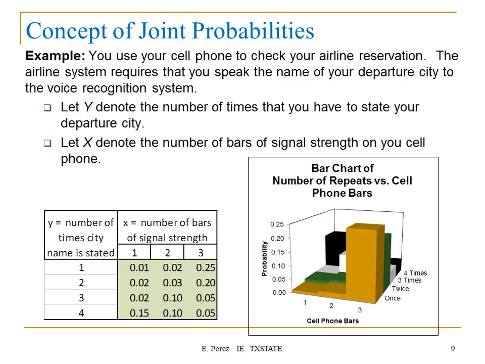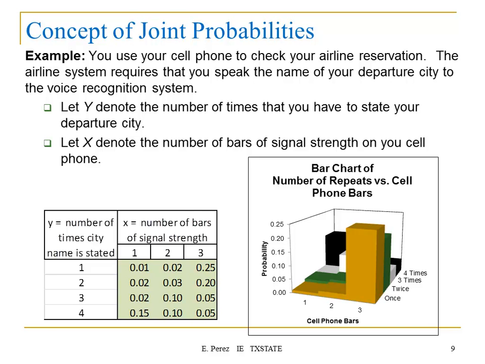So basically what this table and the graph are also saying, we have the number of times the city name is stated, so 1 to 4, and the number of bars that you have on your cell phone, from 1 to 3. So if you read this table, let's say you have a signal strength of 3 bars, then you have a higher probability of repeating that name only once.